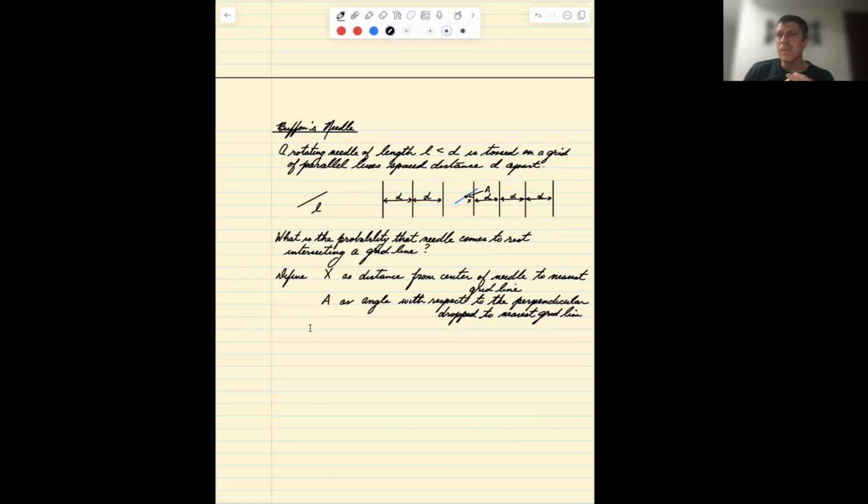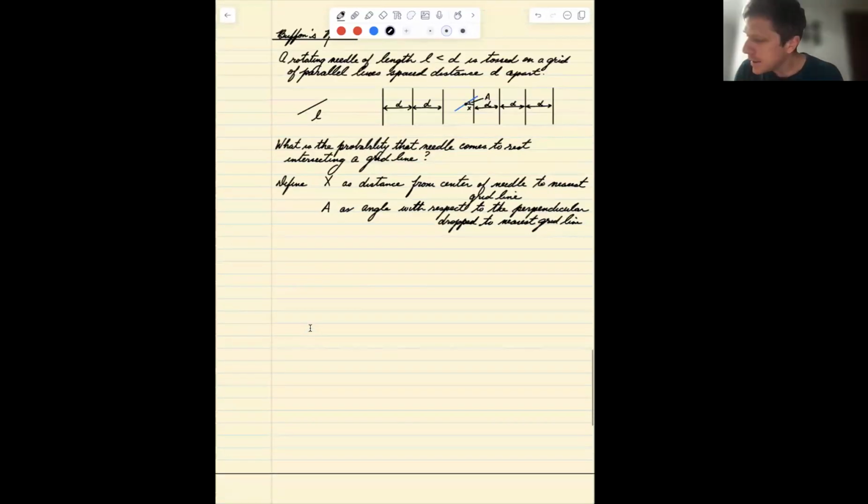So how are we going to model this? Well, we're assuming that we're rotating the needle in a kind of chaotic fashion. That means X is going to come to rest, so we're throwing it on this grid, and the nearest grid line is at most D over 2 away. Because if we split this in half, if the center of the needle is on the other side, it's going to be closer to the other grid line.